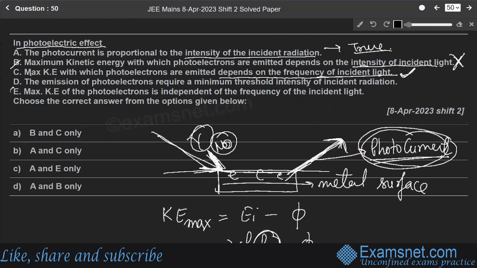Statement D is that the emission of photoelectrons requires a minimum threshold intensity of incident radiation.